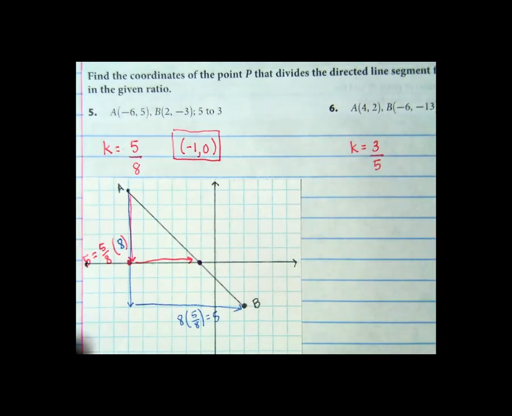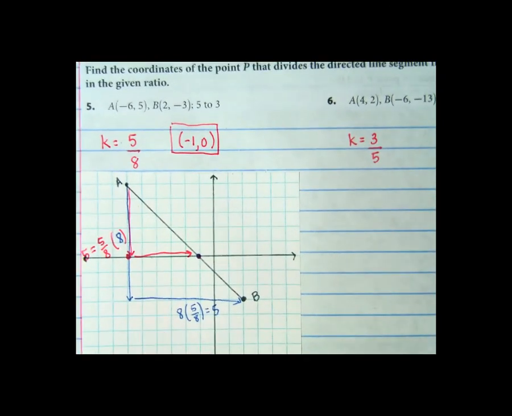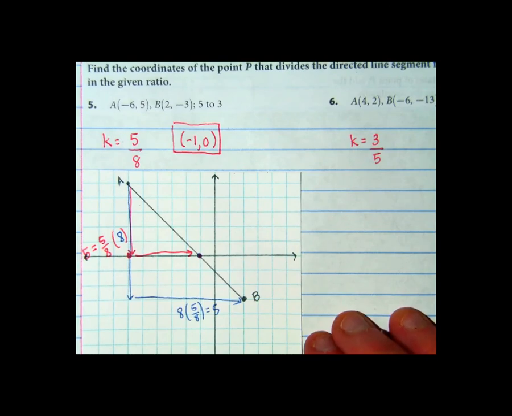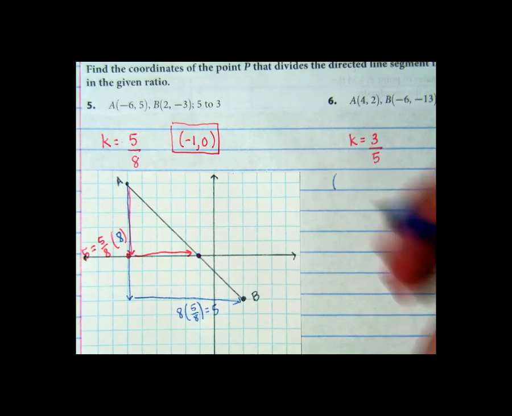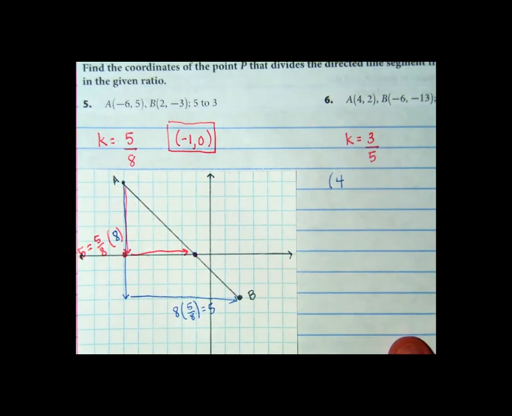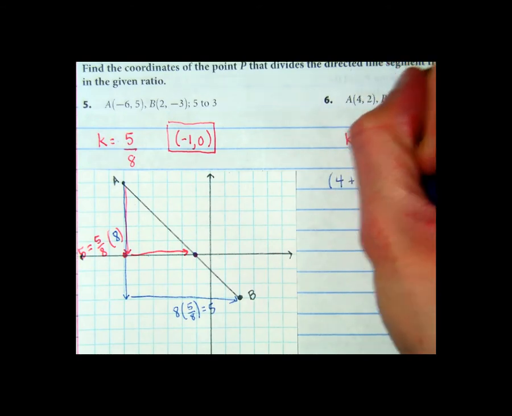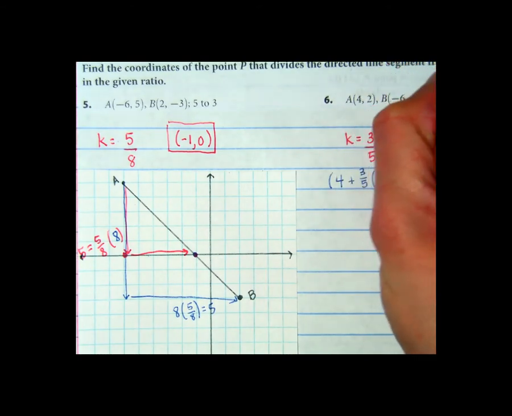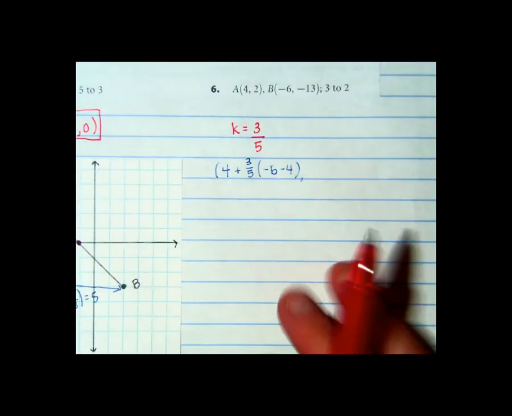Alright, now number 6. I said I would do one with the graph, one with a formula, so we're going to use the formula for number 6. We already have that k is 3/5. The formula is x1 plus k times x2 minus x1. Do a different color just to see the difference here.